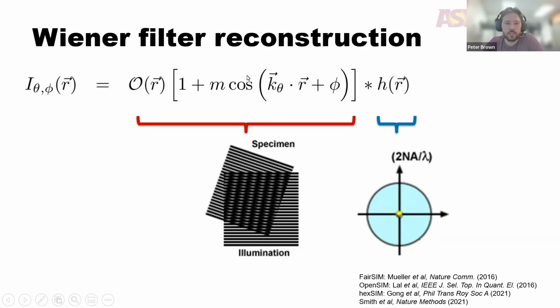And as we've discussed before, you have a term that is your object, represented by O here, multiplied by your incident illumination, your SIM pattern, which is this sinusoidal pattern here with modulation depth M, SIM frequency k_theta that depends on the angle of the SIM pattern, and SIM phase phi. As usual in microscope imaging, we take this illumination intensity at the sample and convolve it with our point spread function to get the intensity image on our camera.